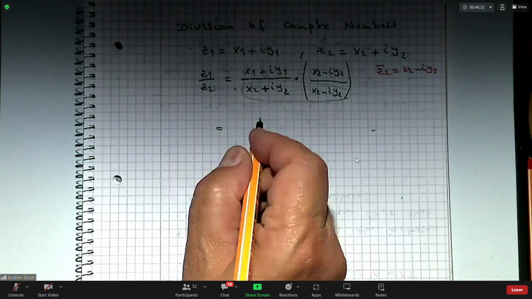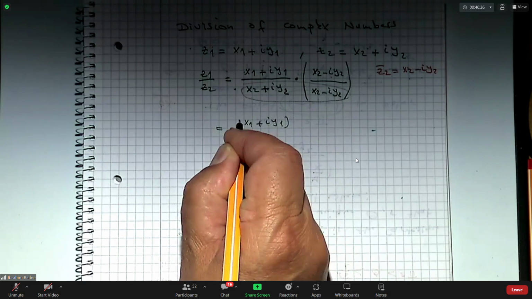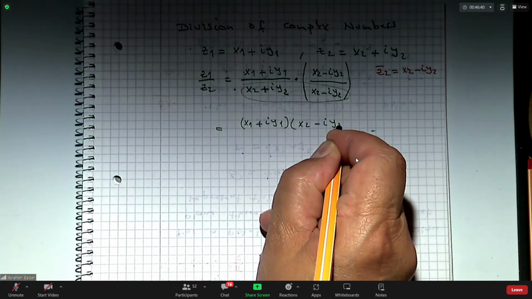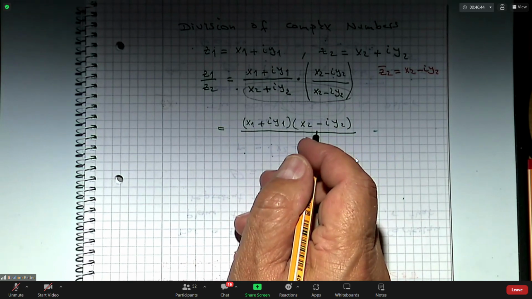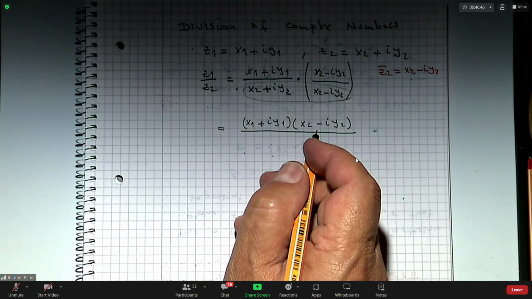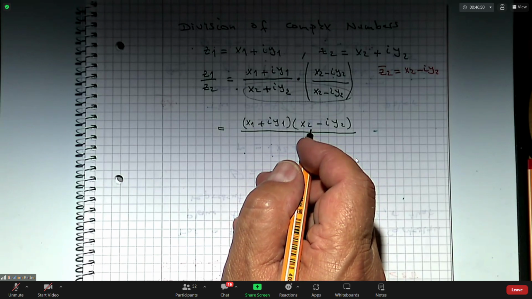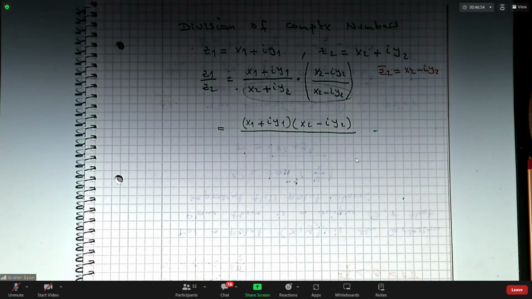And this is equal to x1 plus, let's just write it as is now. We will multiply it, x2 minus iy2. And here in the denominator, what do I get? x1 in the denominator, x2 squared plus y2 squared.